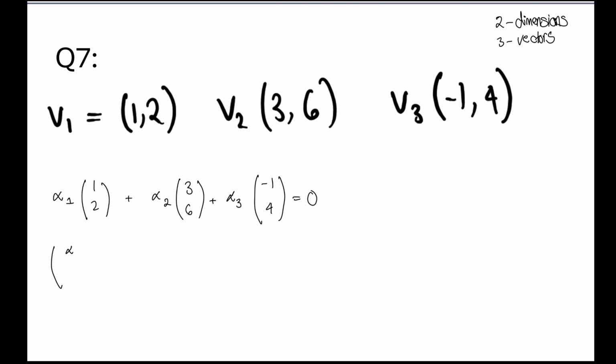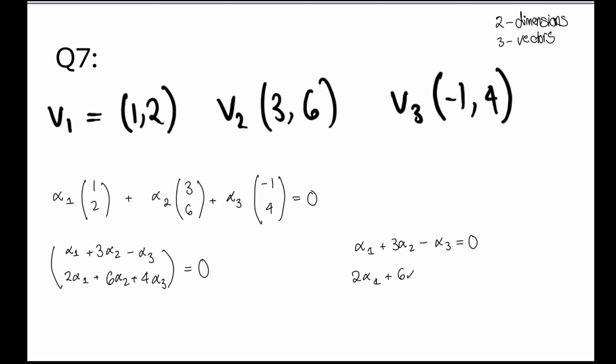So here we get alpha 1 plus 3 alpha 2 minus alpha 3, and then 2 alpha 1 plus 6 alpha 2 plus 4 alpha 3 is equal to 0. So we get 2 equations: alpha 1 plus 3 alpha 2 minus alpha 3 is equal to 0, and 2 alpha 1 plus 6 alpha 2 plus 4 alpha 3 is equal to 0.